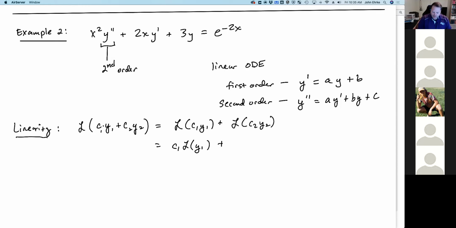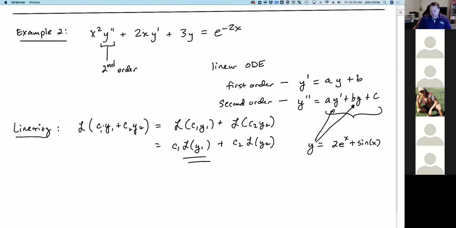If you're unable to do both of those things with whatever operation you're using, it's not linear in mathematics. So if I have a function for y, say y is 2e to the x plus sine x, maybe that's my solution, right? You can see that if I plugged that in for each of these things, it obeys these two properties.